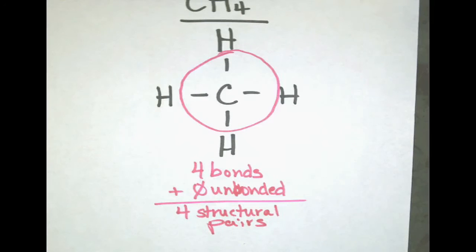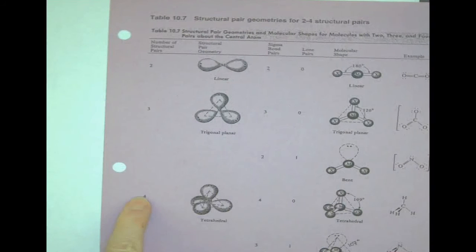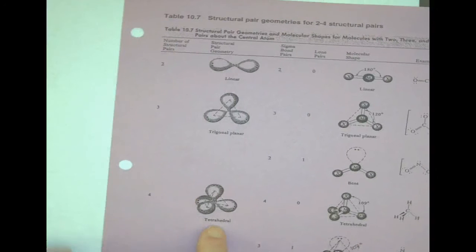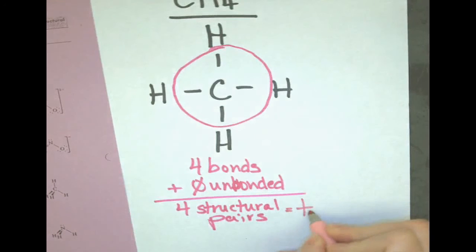I go back to my reference page. I look down the left side until I find 4 structural pairs. That tells me that the structural pair geometry is tetrahedral. So 4 structural pairs equals tetrahedral.